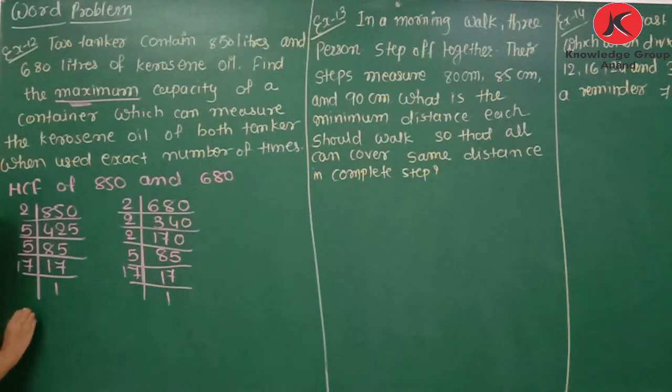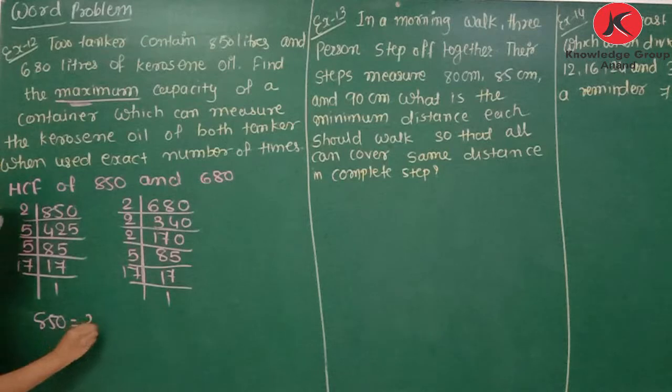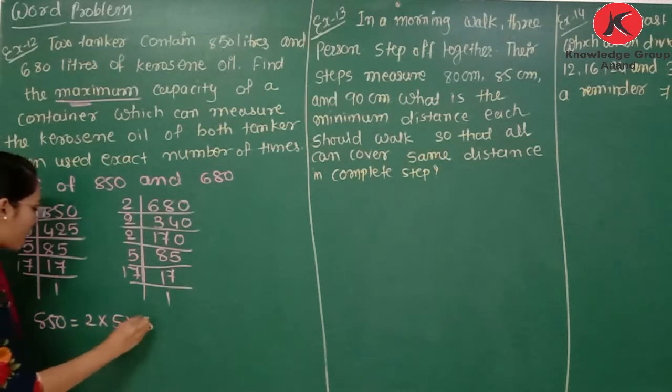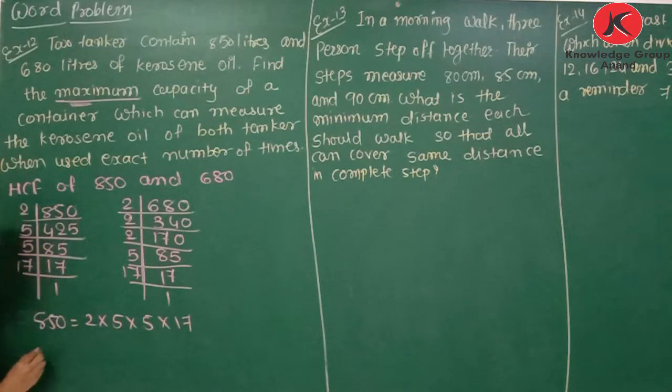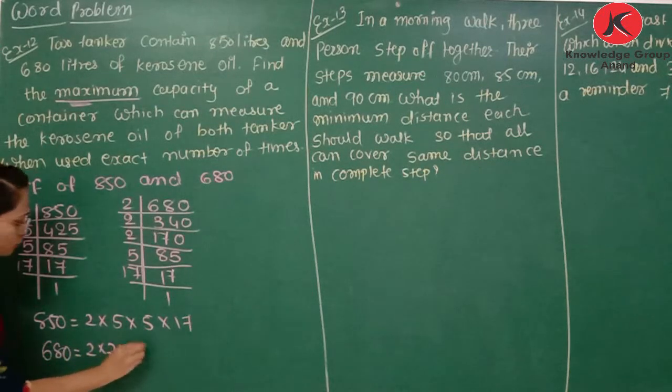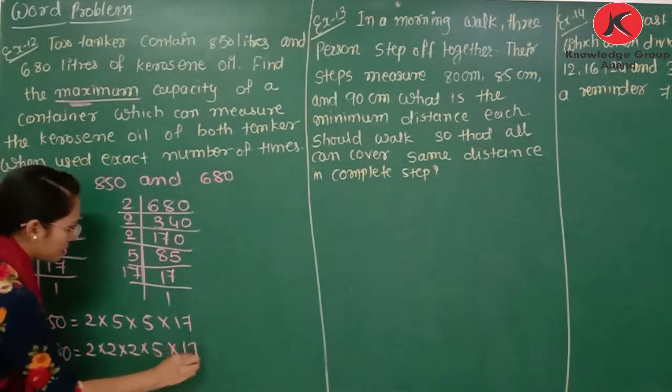So what will be the HCF? You can write that the factors of 850 are 2 multiply 5 multiply 5 multiply 17, and 680 will be 2 multiply 2 multiply 2 multiply 5 multiply 17.